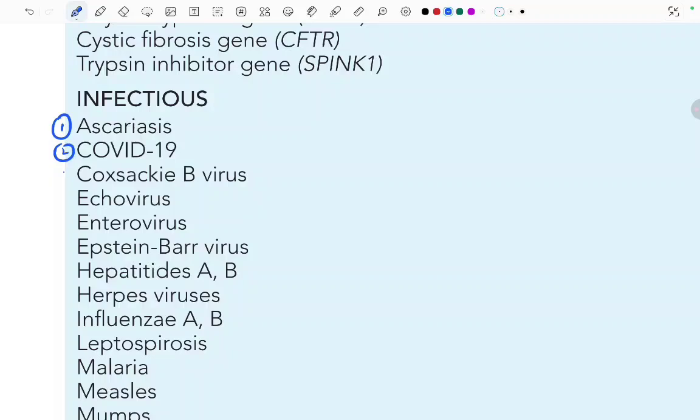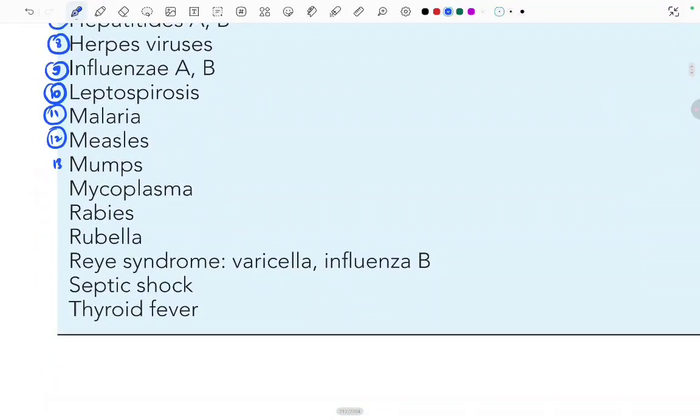COVID-19, Coxsackie B virus, echovirus, enterovirus, Epstein-Barr virus, hepatitis A and B, herpes virus, influenza A and B, leptospirosis, malaria, measles, mumps, mycoplasma, and rabies. Even rabies is causing acute pancreatitis. And rubella, Reye syndrome, varicella, septic shock, typhoid fever.